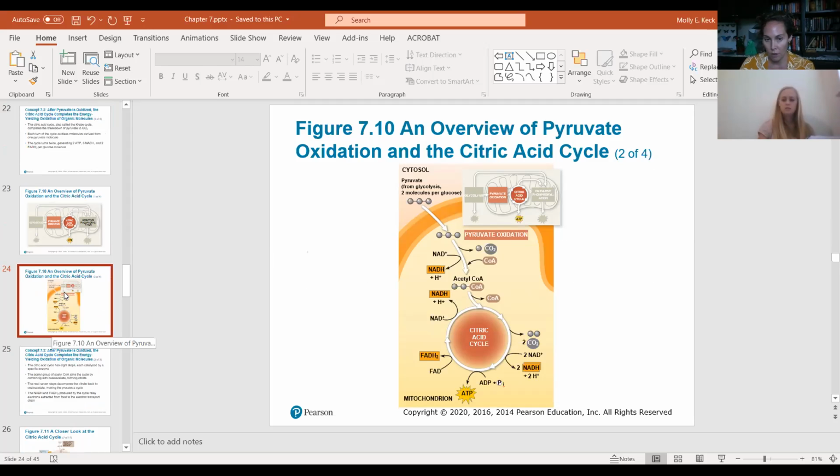Acetyl-CoA is the only thing that can go into the citric acid cycle. So we just had to have an enzyme change it a little bit so that it can be added to the citric acid cycle. So sugar has to be broken down into pyruvate, and then it has to be turned into acetyl-CoA.